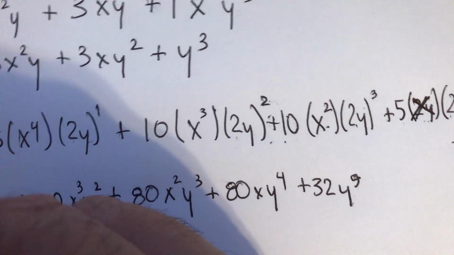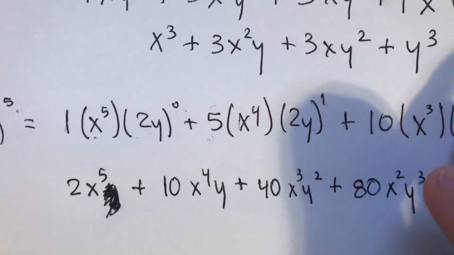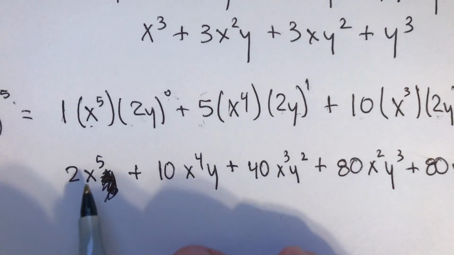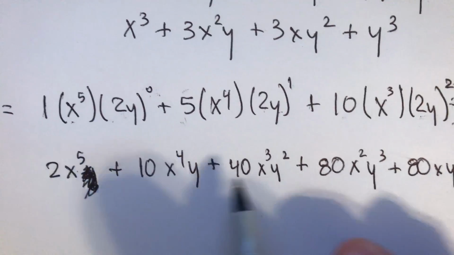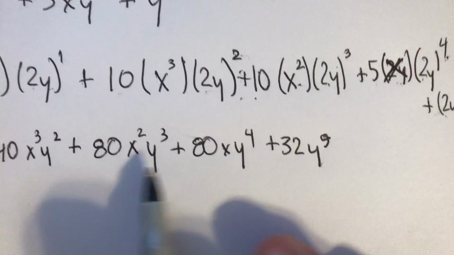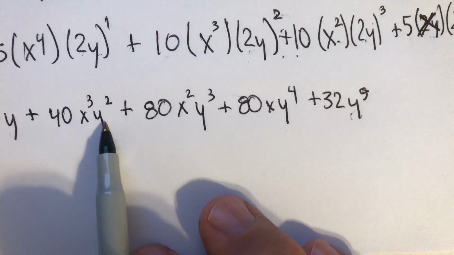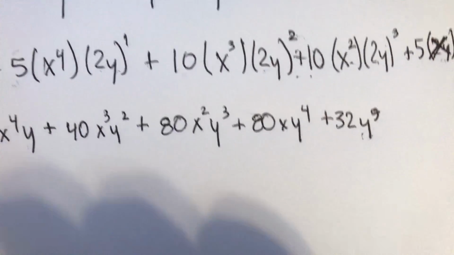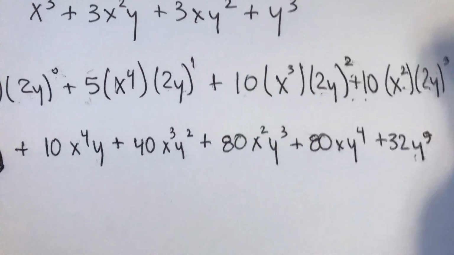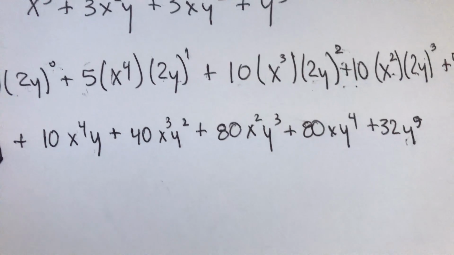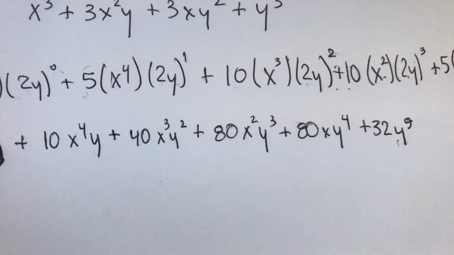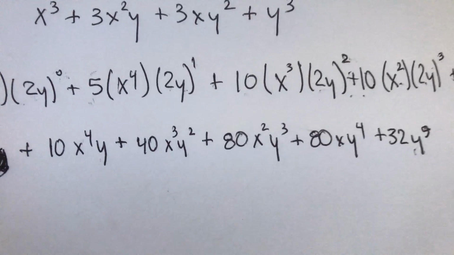So x to the fifth, x to the fourth, x to the third, x to the second, x to the first, x to the 0, y to the 0, y to the first, y to the second, y to the third, y to the fourth, y to the fifth. So those increase. All right, so that is combinations and expanding a binomial.